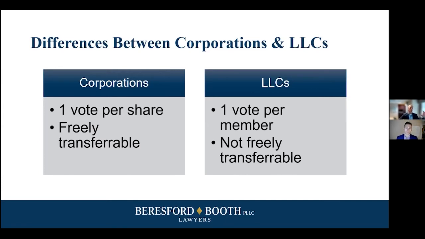Certainly there are different levels of votes that you have to have. For example, for major transactions in a corporation, selling all the assets, for example, there may need to be two-thirds approval. Two-thirds of the shares would have to vote for something like that. But in the absence of that, right, majority rules. And so when you've got 50-50, you can't say yes, you can't say no, you're stuck there.